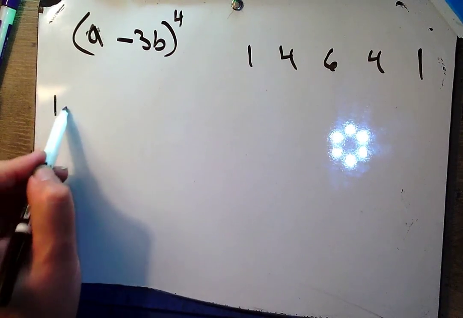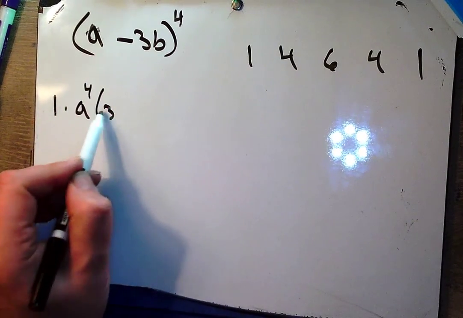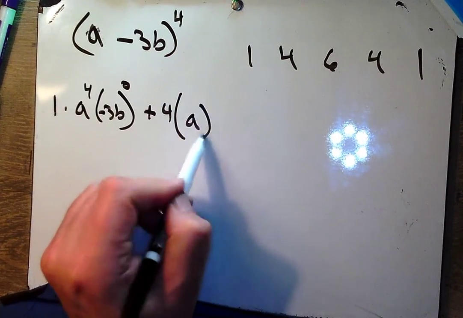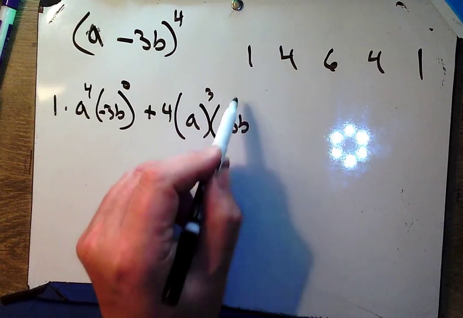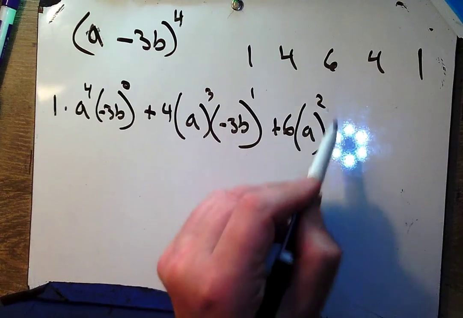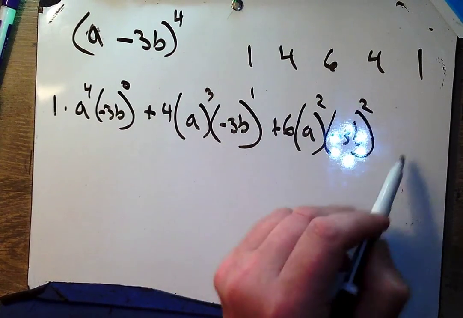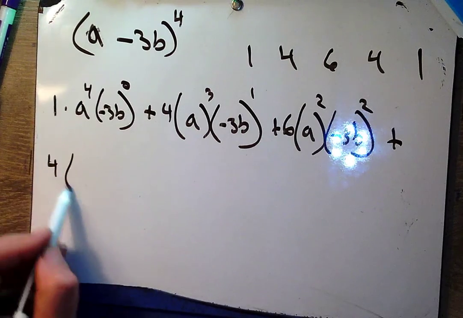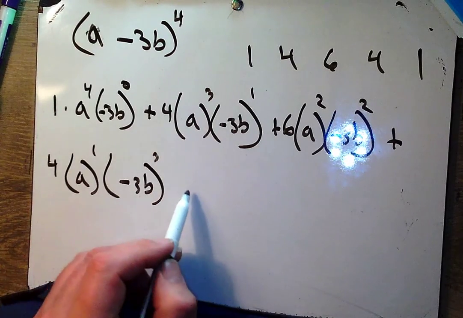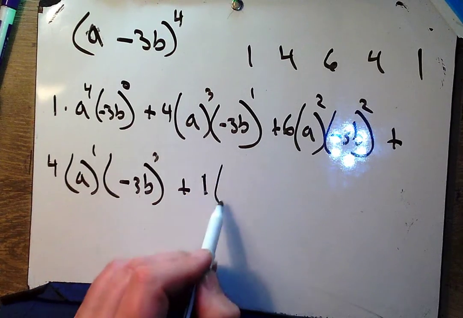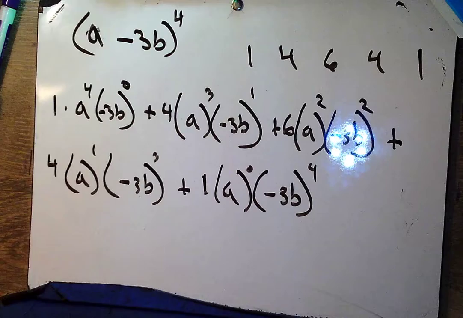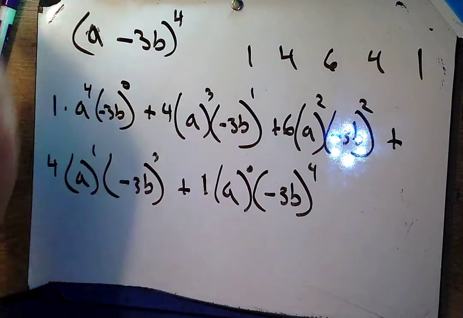So I've got 1 times a to the 4th times (−3b) to the 0, plus 4 times a to the 3rd times (−3b) to the 1st, plus 6 times a to the 2nd times (−3b) to the 2nd, plus 4 times a to the 1st times (−3b) to the 3rd, and then plus 1 times a to the 0 times (−3b) to the 4th. Okay, well, let's tidy this up.